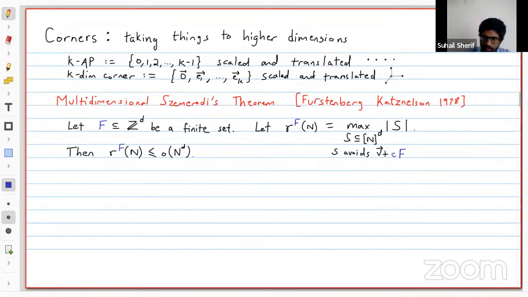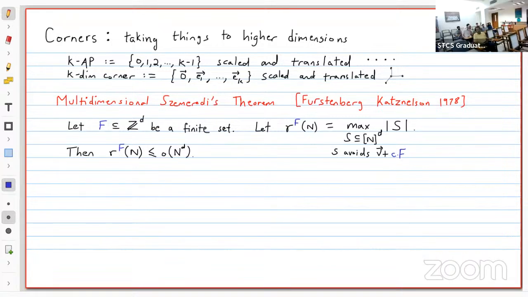Well, if we define this quantity R_F(N), they prove that it has to be of sub-constant density in order to avoid this shape, whatever this shape is. So it's a very impressive statement, and it's since been reproved in many different ways.